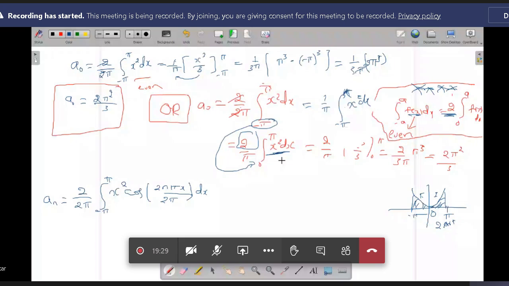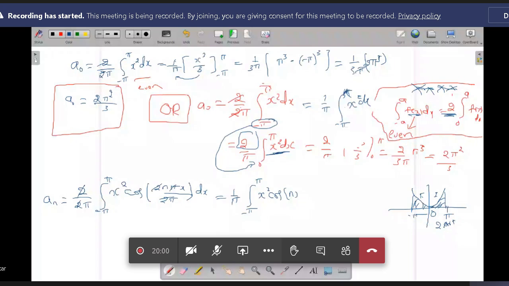So now we come to the second one, we need to find an. So an is 2 by the period, so that 2 gets cancelled, and f of x is x squared, again 2 pi, so the 2 pi in the cos gets cancelled. What remains is 1 by pi, integration from minus pi to pi of x squared cos nx dx.